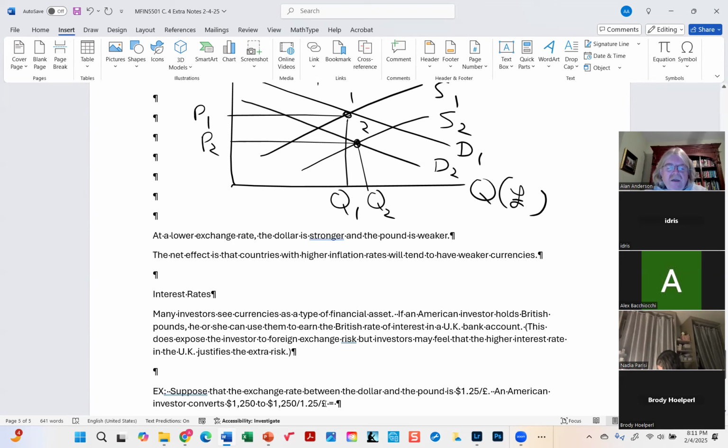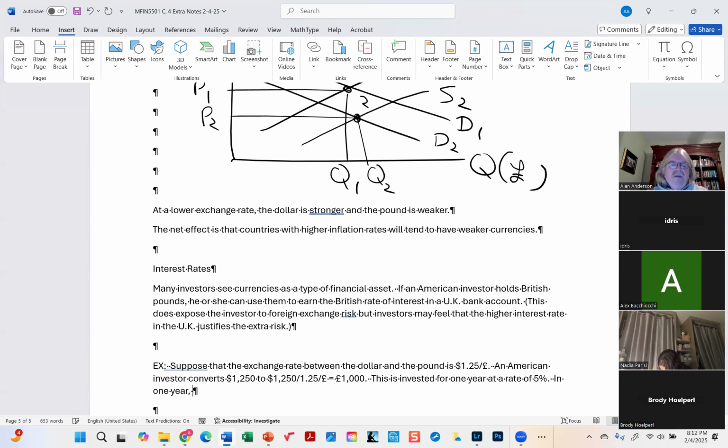So by dividing the number of dollars by the exchange rate, I end up with the number of pounds. Now, this is invested for 1 year at a rate of, let's say, 5%. In 1 year, the balance in this account will be, so here, what you're going to do is multiply the 1,000 pounds times 1.05. In other words, 1 plus the rate of interest in the UK, which is 1,050.